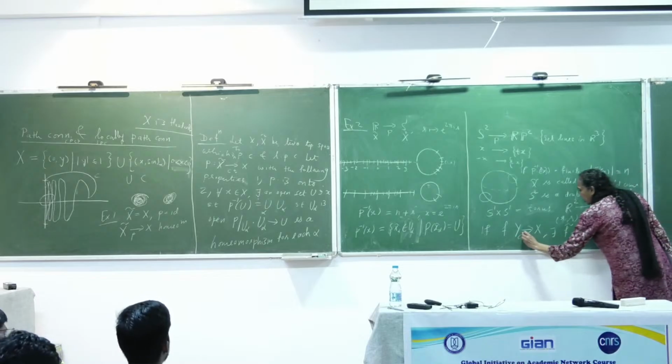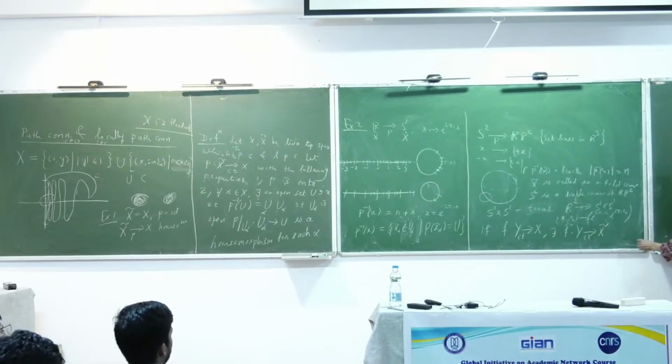This must be continuous, such that P composite F tilde is F. Does this happen?